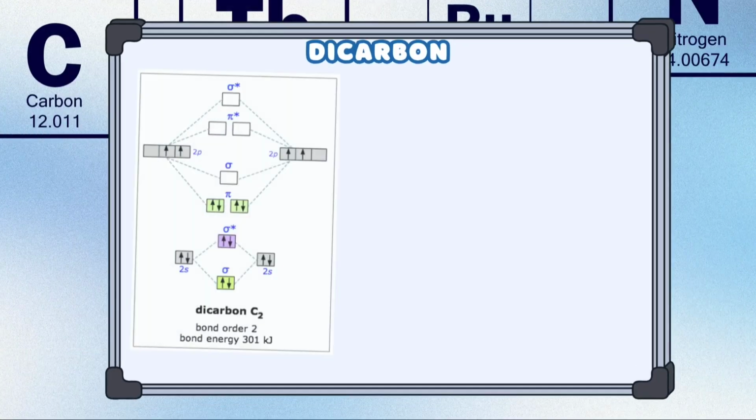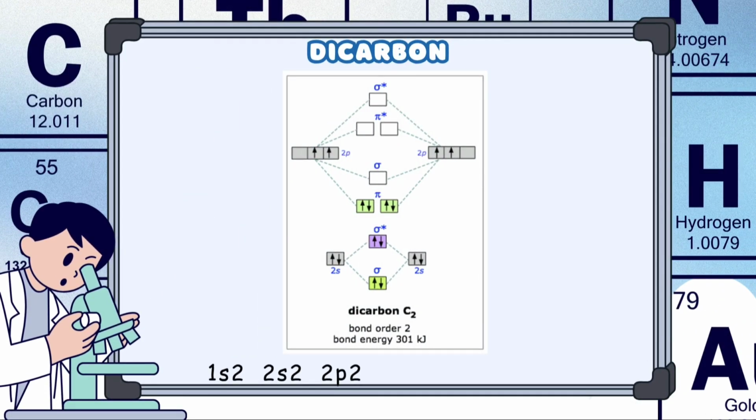And the next substance, dicarbon. In dicarbon, we reach the 2p orbital. The electron configuration of dicarbon is 1s2, 2s2, and 2p2. First, we go to the 2s orbital.